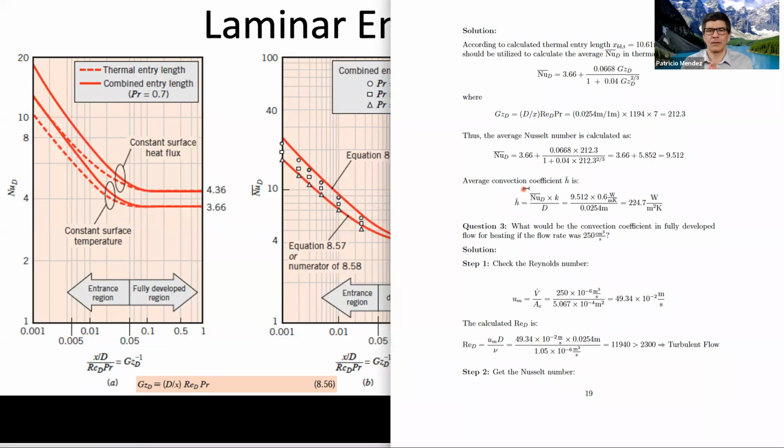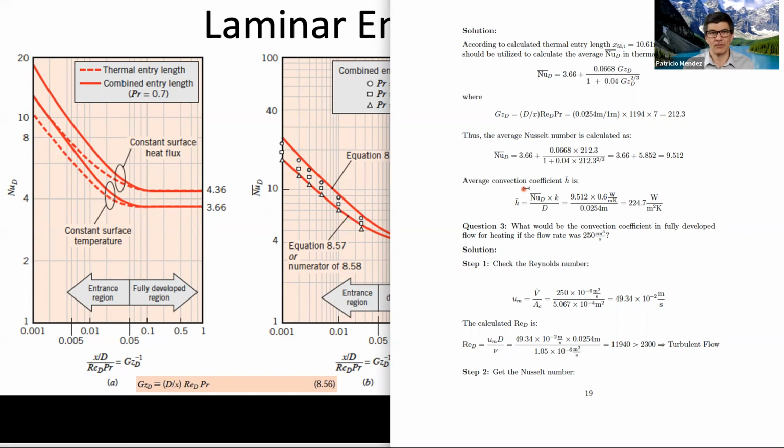Let's change the question a little bit and say that instead of 25 cubic centimeters per second, we have 250 cubic centimeters per second. We increase the flow by a factor of 10. What would happen? Just turn on the knob, and we're flowing 10 times as much fluid as before.